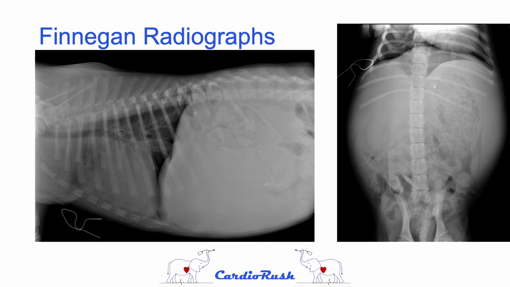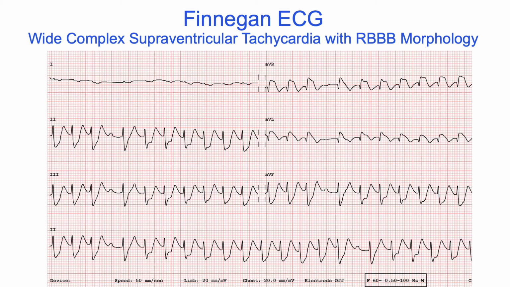Radiographs were obtained and demonstrated cardiomegaly and probably a little bit of an increased interstitial pattern in the perihilar region, as well as marked hepatomegaly and loss of detail in the abdomen. The electrocardiogram was difficult to interpret.